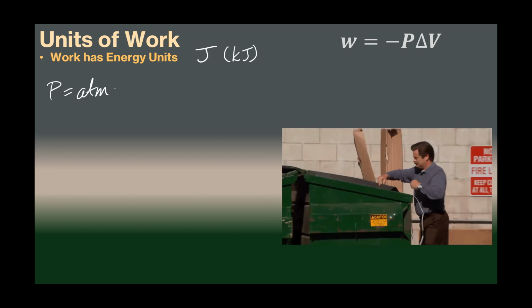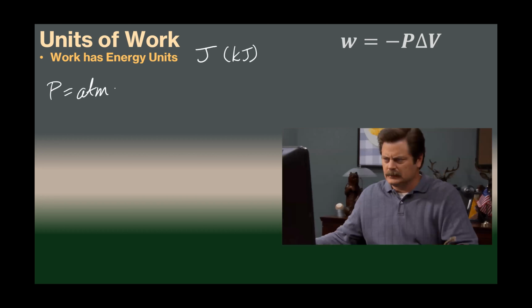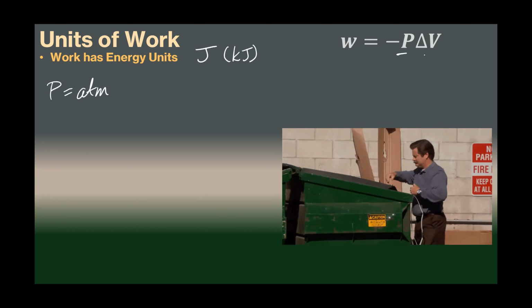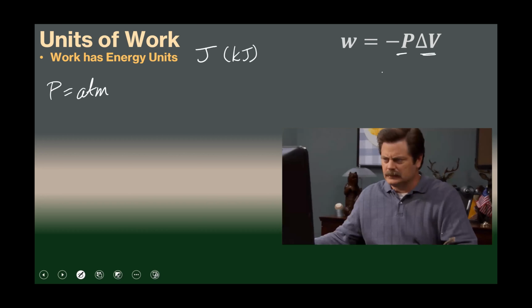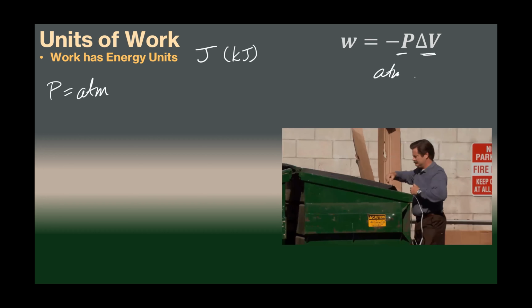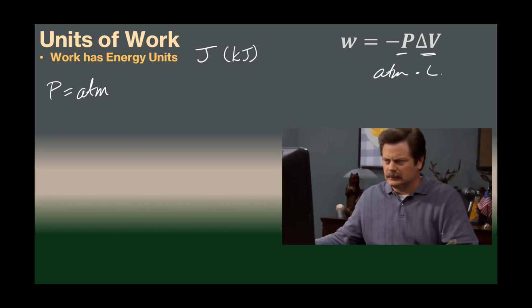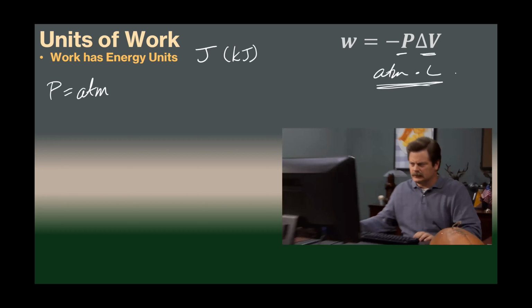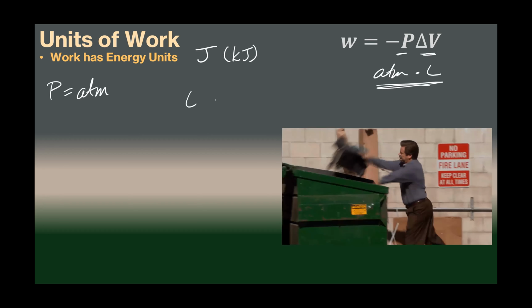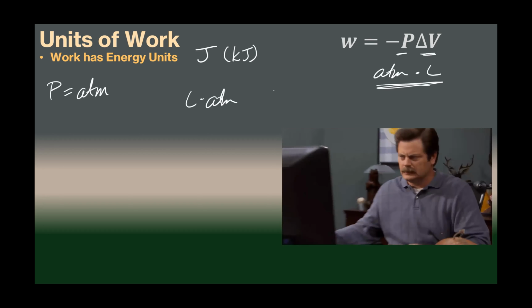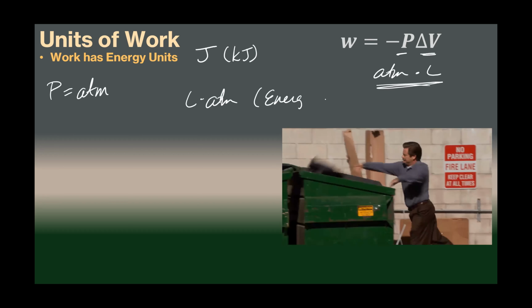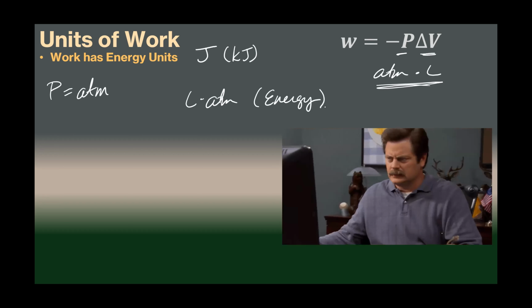Since work is the pressure times the change in volume, our pressure is in atmospheres and our volume is in liters, and therefore we're going to have units of liter atmospheres. This is technically an energy unit, although it's a weird looking energy unit.